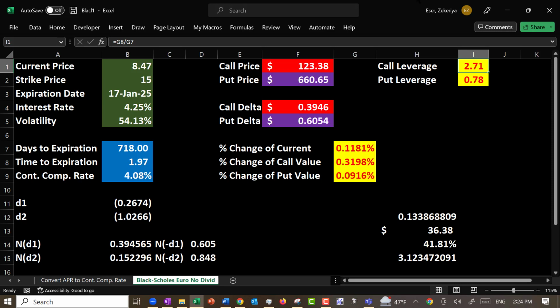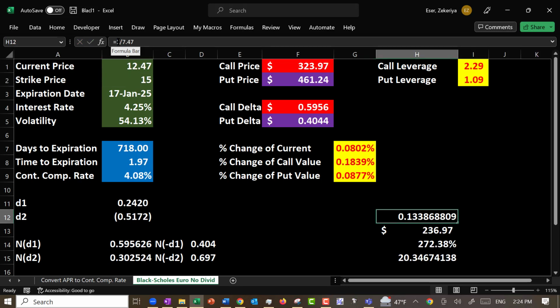So let's make a $5 move to 1247. Well, $5 is about a 67% move, but the value of the option went up by 272%. So implied leverage is actually 4.